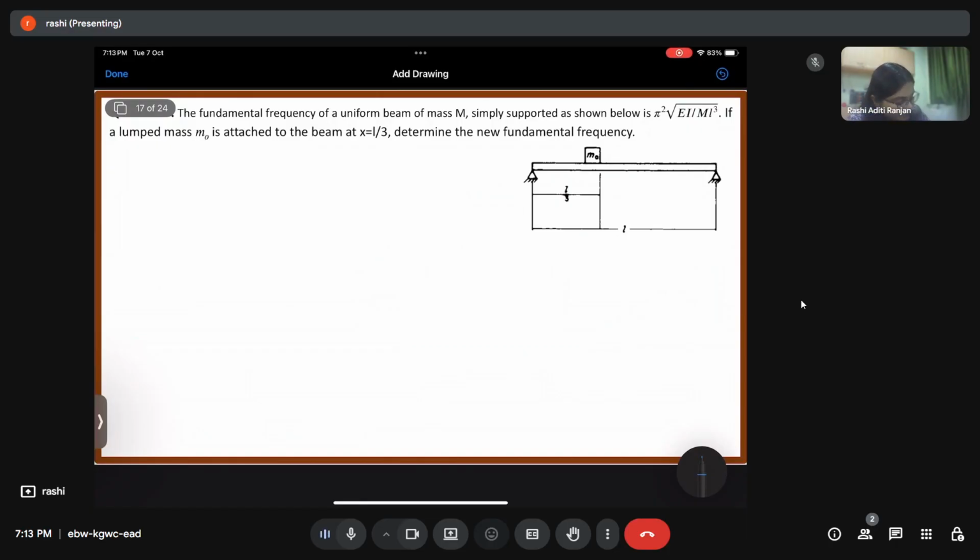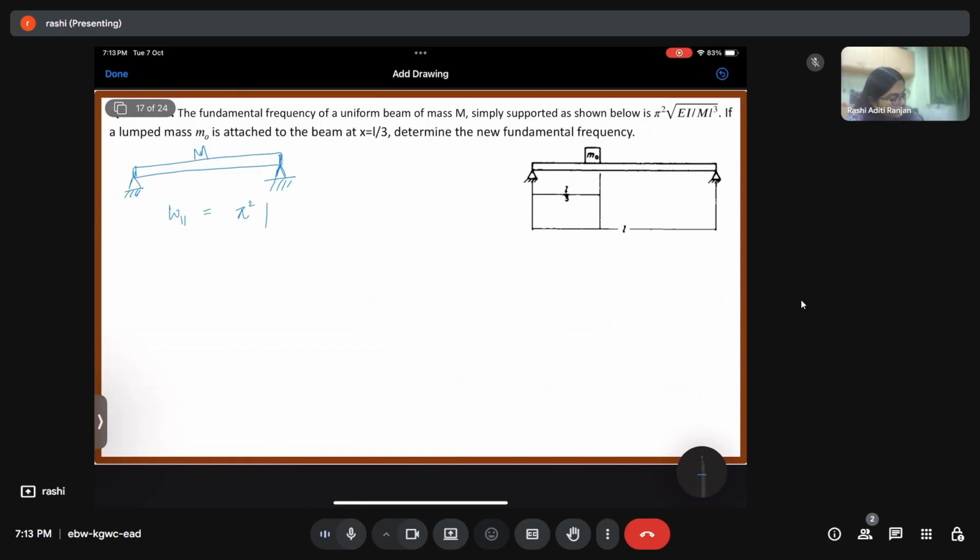We have the first case where this is the beam, okay, right? And this is of mass capital M. And for this, the fundamental frequency, which is, let us say, omega 11, is what?